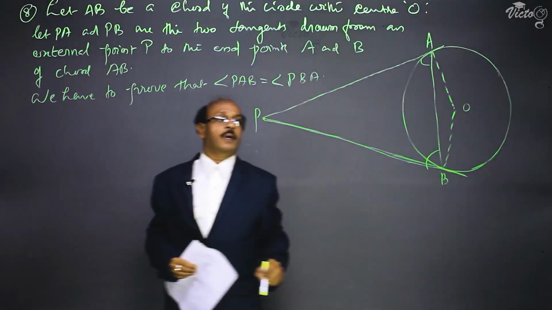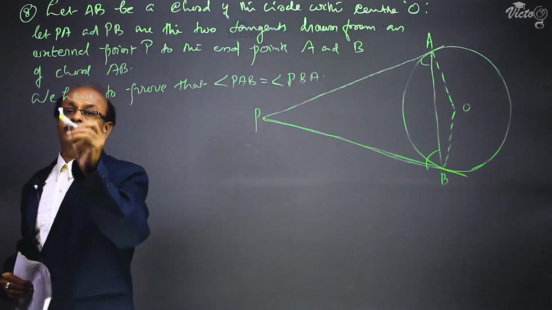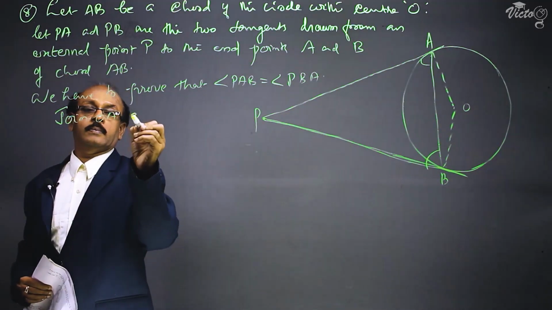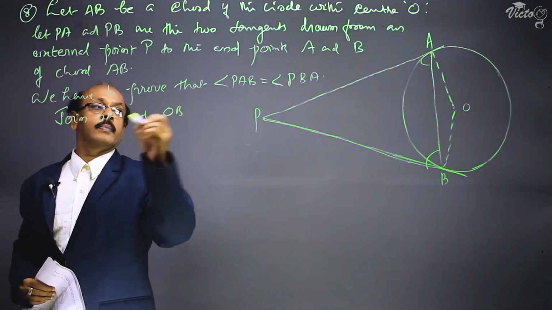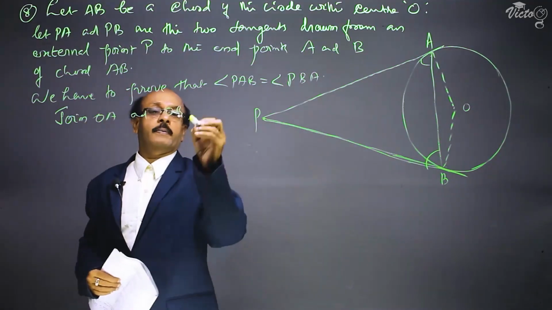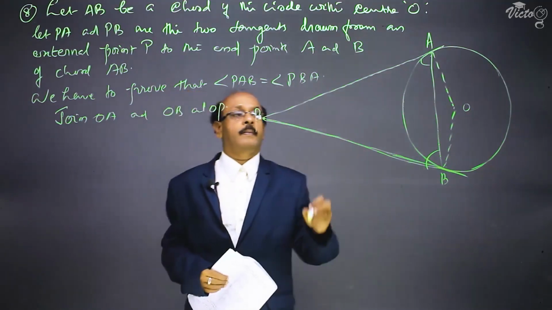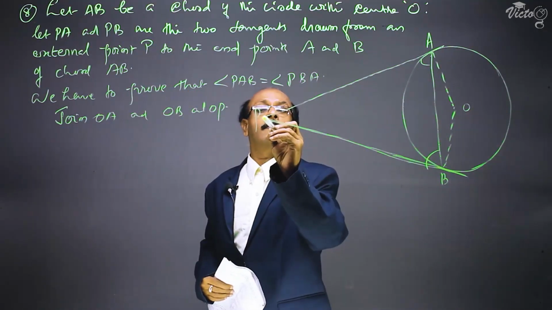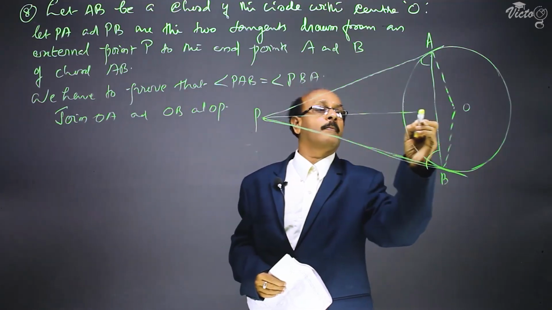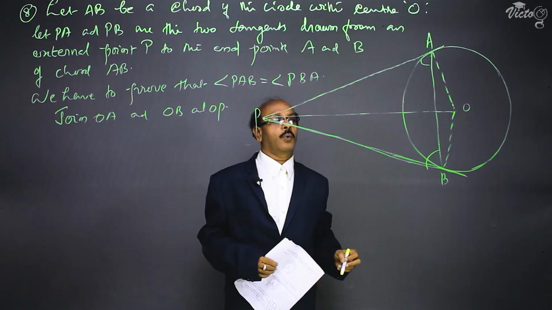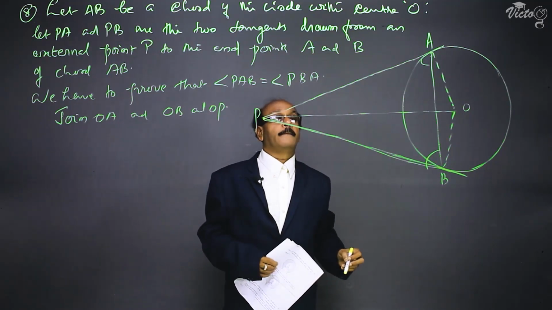Join OA and OB, and OP. Now we are getting two triangles, PAO and PBO.